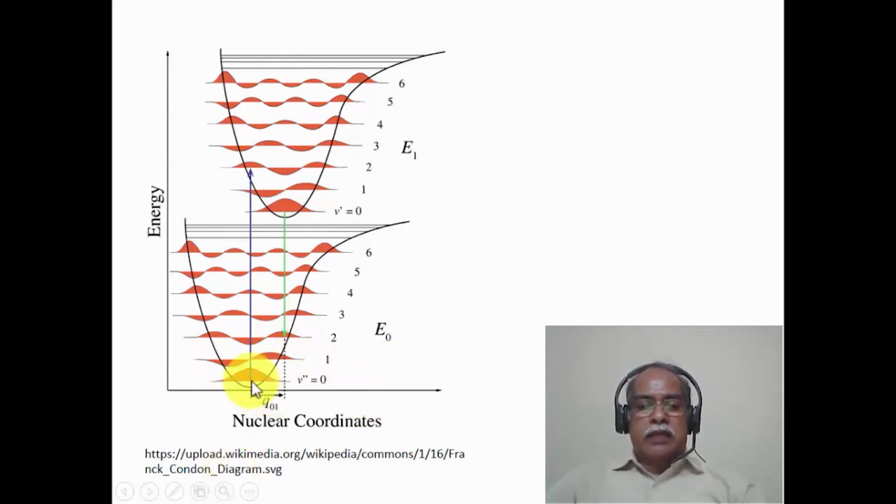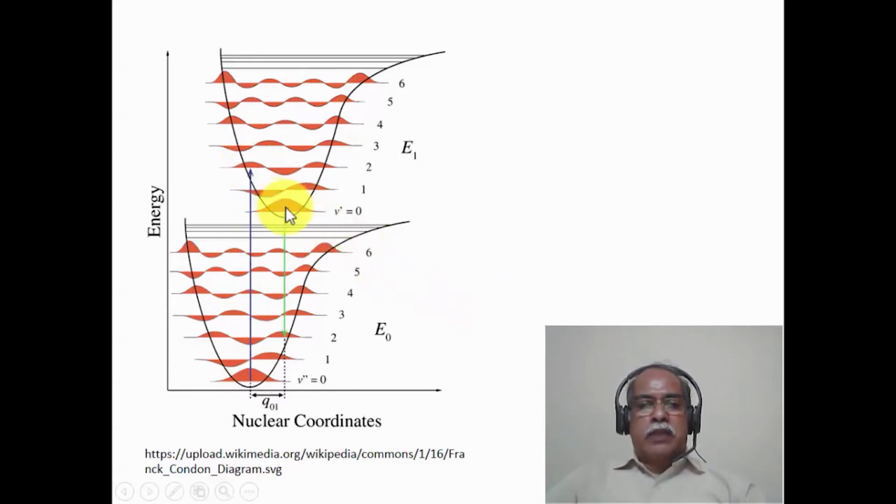So if an electronic excitation is taking place from the zero vibrational state of the ground electronic state and ends up in the second vibrational state of the electronically excited state, you can see here this is reaching the highest probability density, starting from the highest probability density. So such a transition would have the maximum intensity in the absorption emission spectrum.